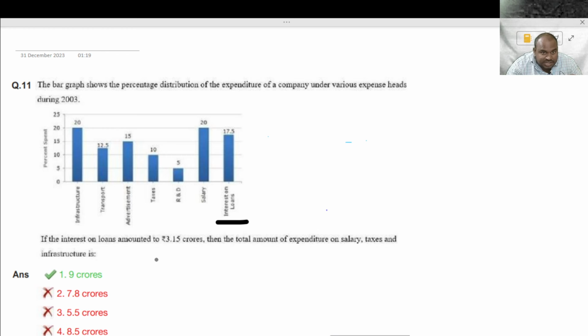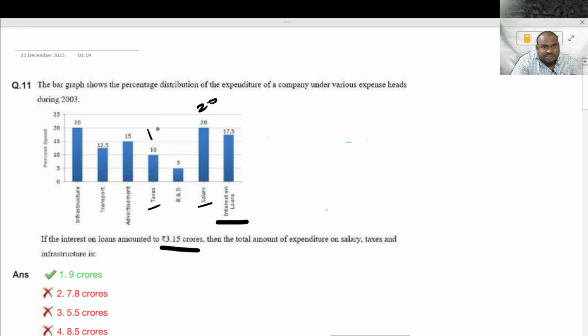But here it is given as an amount: the interest on loans amounted to 3.15 crores. So we can equate 17.5% to 3.15 crores. Then the total expenditure on salary, taxes, and infrastructure altogether is being asked. So salary is how much? Salary is 20%.